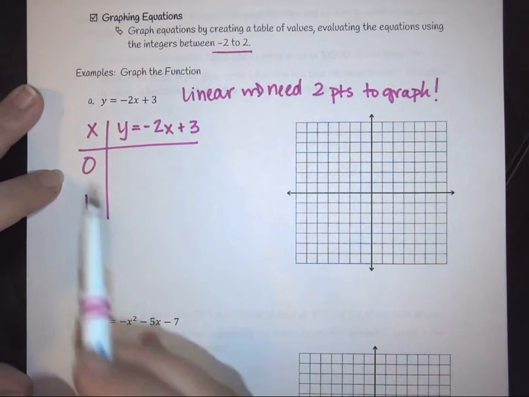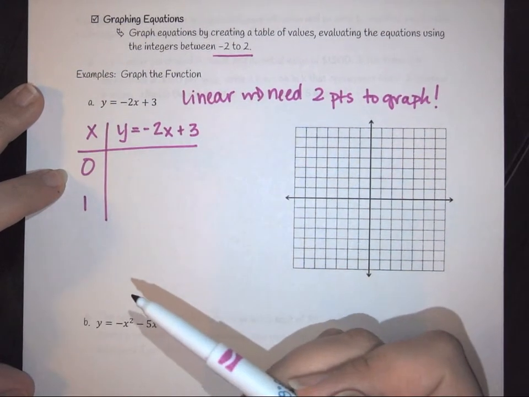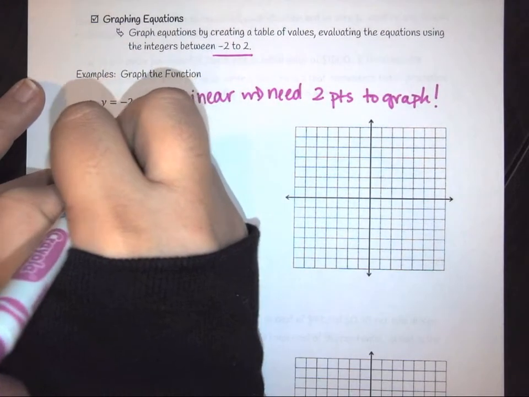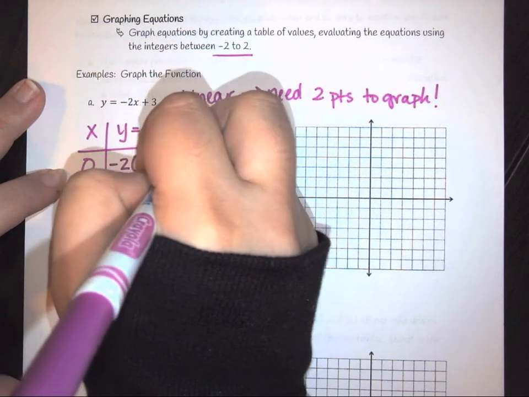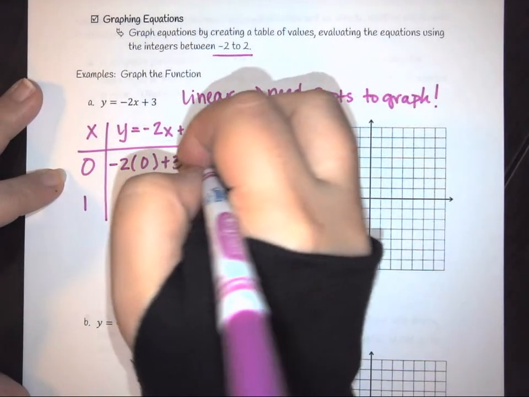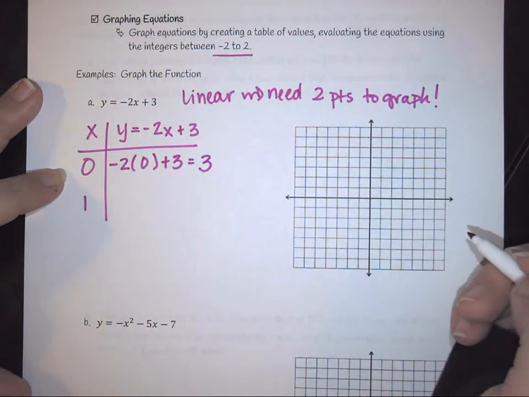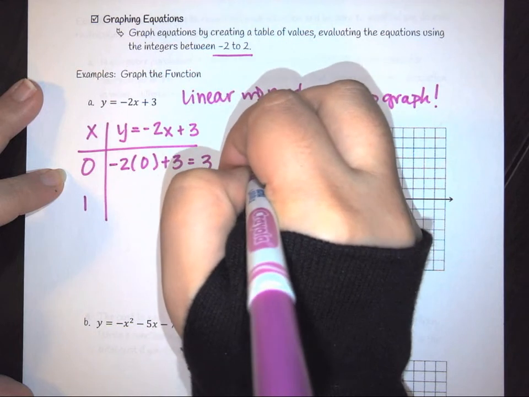When I look at 0, again, anywhere I have an x value in my equation, I have to input it. So this becomes -2 times my 0 plus 3. Well, -2 times 0 is 0, plus 3 gives me 3 as an answer. It means I have the coordinate point 0, 3 to work with.